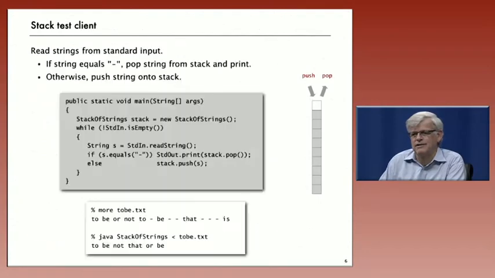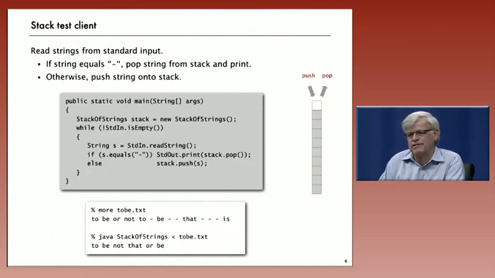Our simple client is to take some strings on standard input and some pop commands, which are indicated with hyphens. This client reads strings from standard input. If the string is equal to the hyphen character, it'll pop the string at the top of the stack and print it.